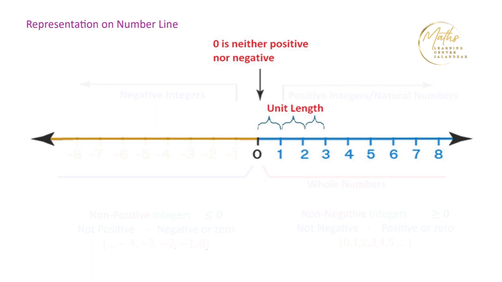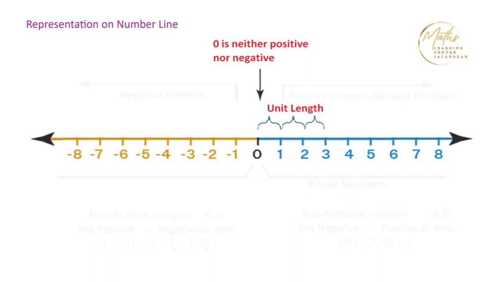Similarly, on the left hand side of this 0, we are going to mark the points at the unit length, and these points are representing the negative integers: -1, -2, -3, -4, -5, -6, -7, -8, and so on.